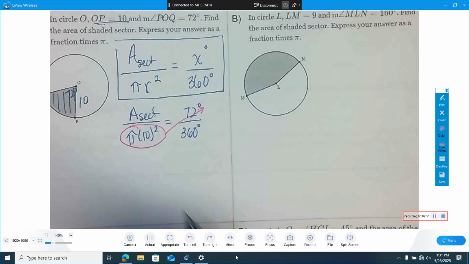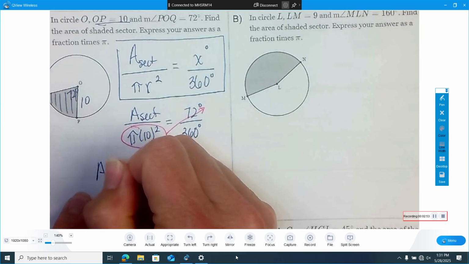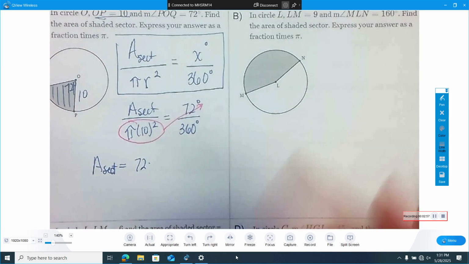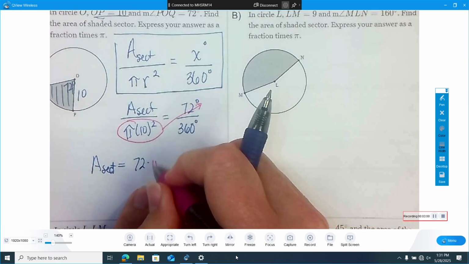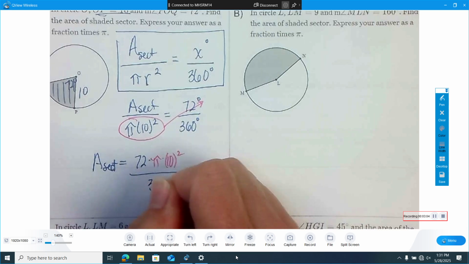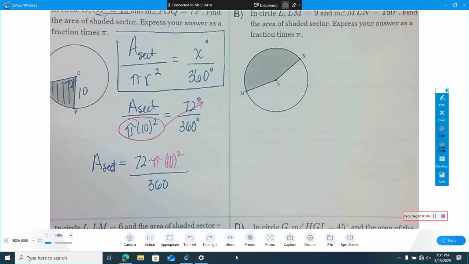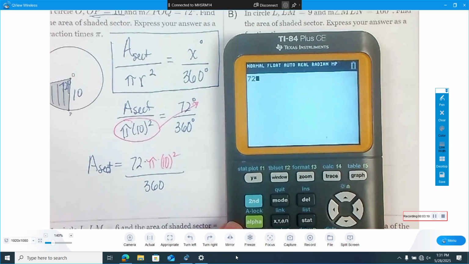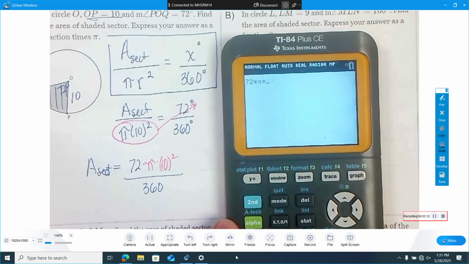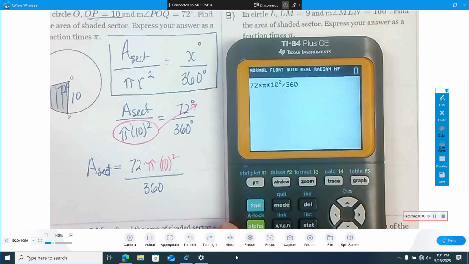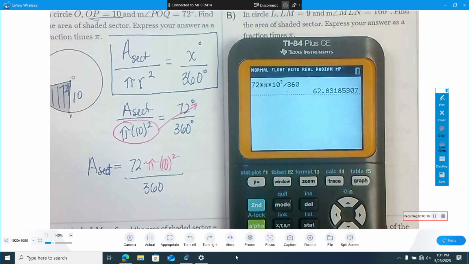And so that way the area of the sector is all alone, and we have 72 times pi times 10 squared over that 360 degrees. There's lots of things you can do in your calculator there to get that answer, but 72 times pi times 10 squared divided by 360 is one way that works just fine.